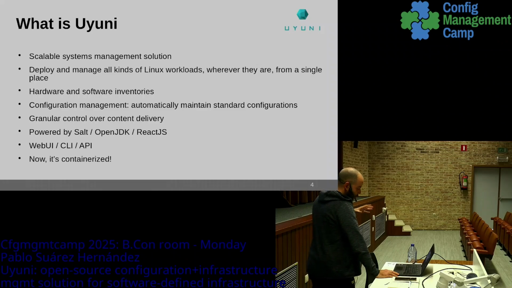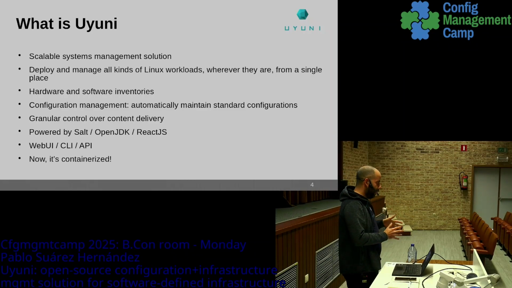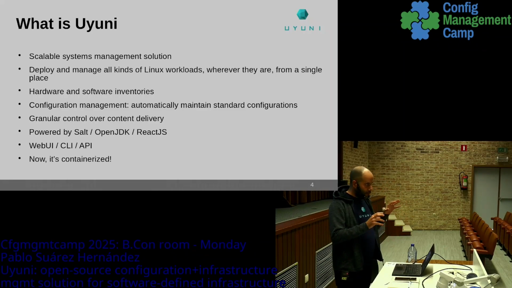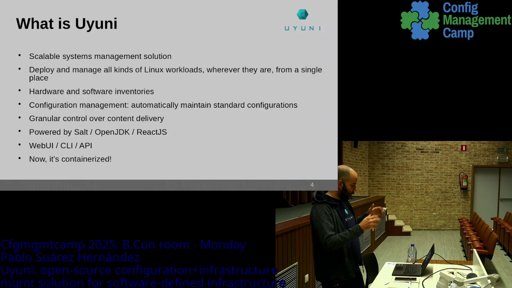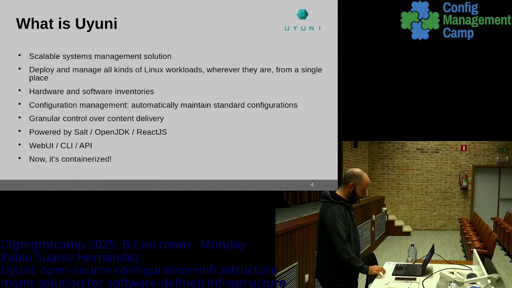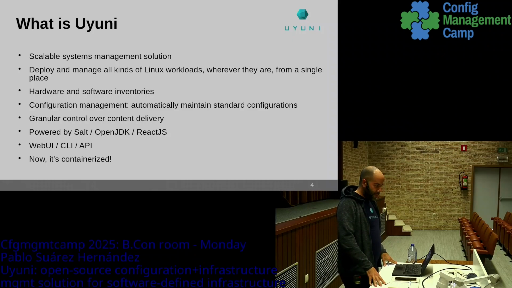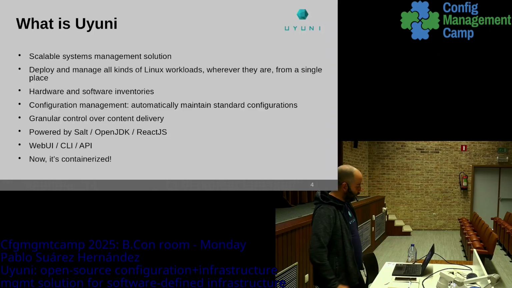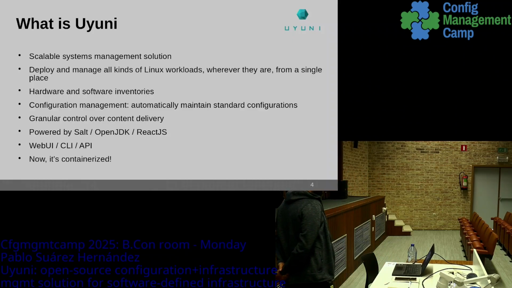You would be able to have all your configuration templates in a centralized place, apply those to your systems, and easily maintain all those configurations. It also provides very granular control of the content that you are delivering to those systems.